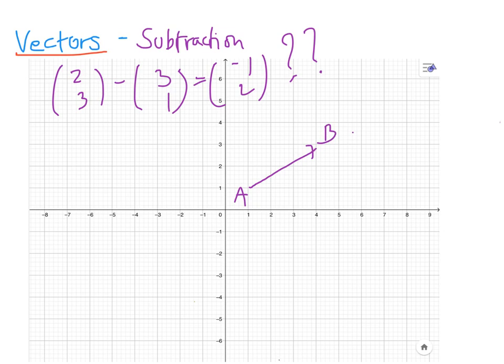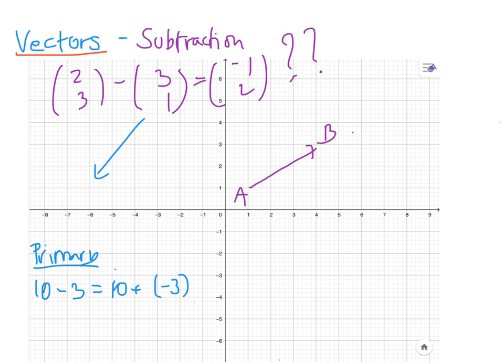So let's see. What does it mean by negative (3, 1)? Let's go back to the primary addition, subtraction, integers and all those things. If I ask you 10 minus 3, what does it mean? You know it's 7. Algebraically, it means it could be like 10 plus negative 3, isn't it?